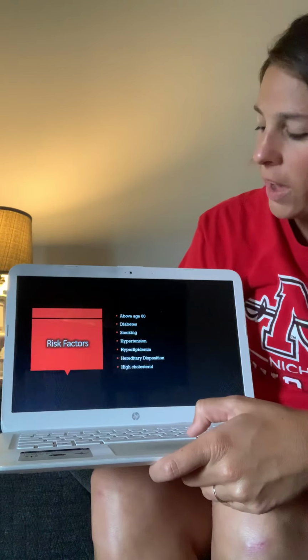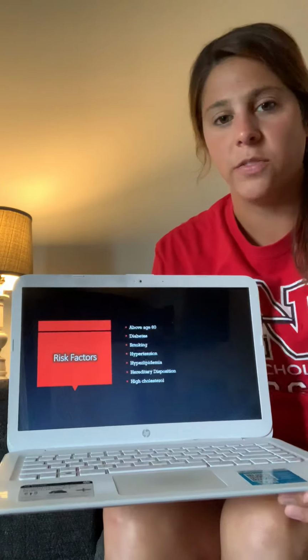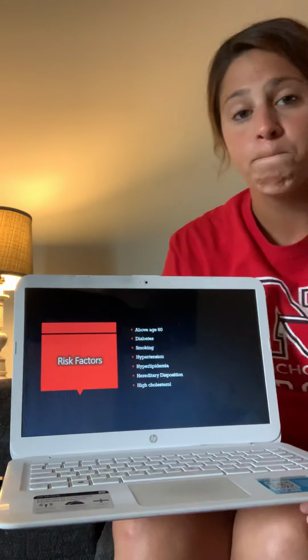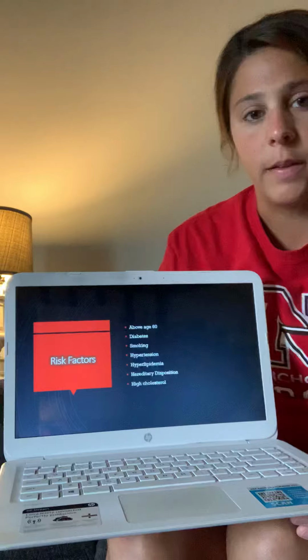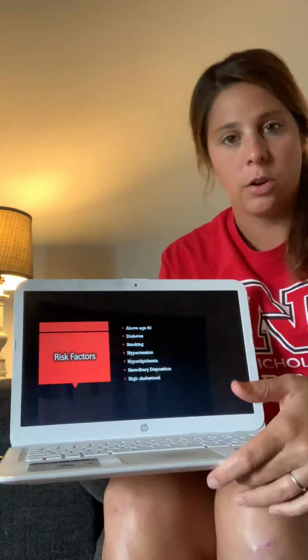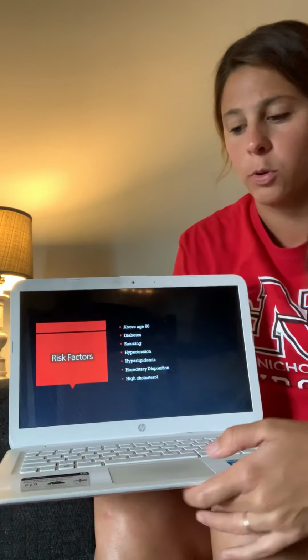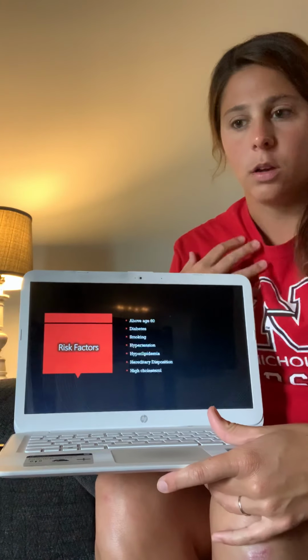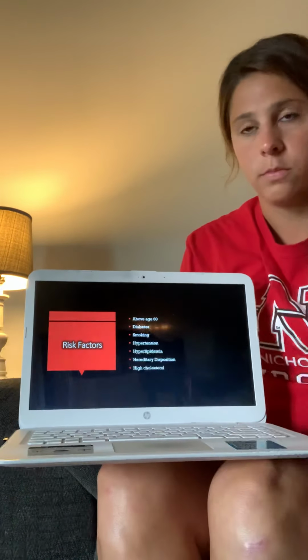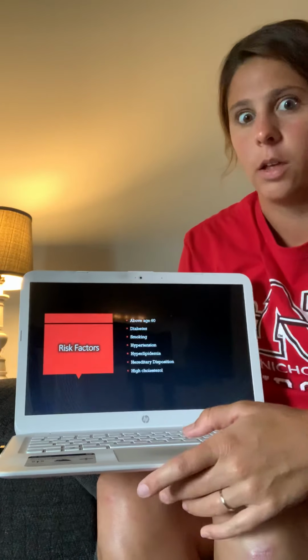Some risk factors include people above the age of 60, diabetes, high cholesterol, hypertension, hyperlipidemia, and then hereditary. If it runs in your family, you could be susceptible to getting it, along with coronary artery disease, which runs side by side a lot of the time.